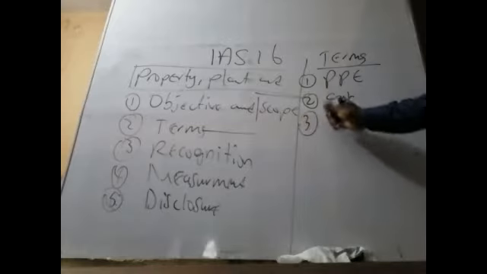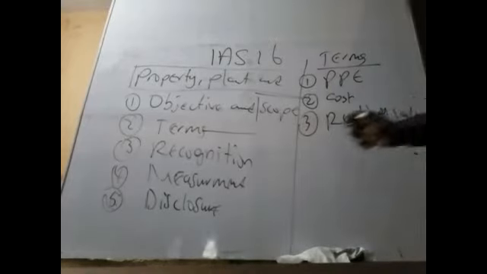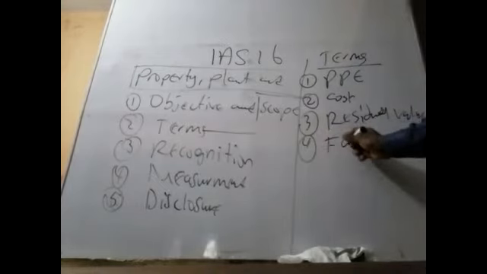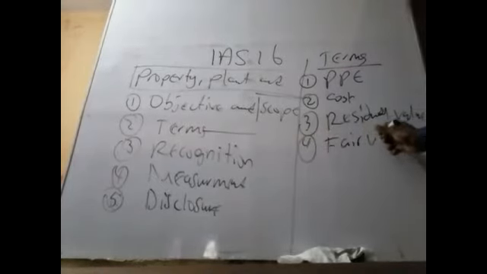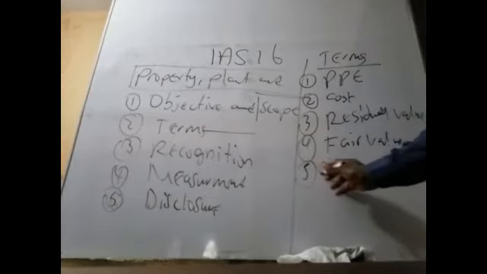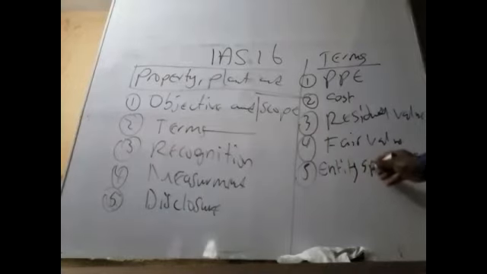Number three, residual value. Number four, you should know what is called fair value. Number five, you should know what you call entity specific value.